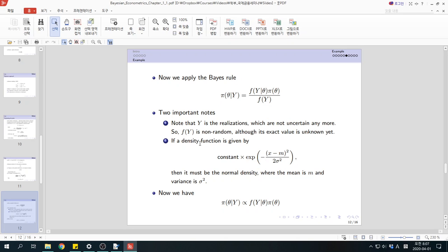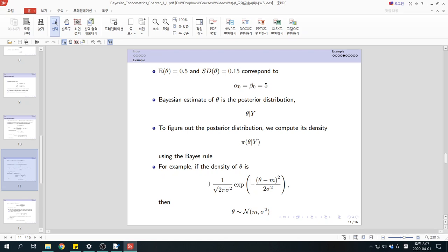The other thing is, let's go back to this normal density. What about the first term, 1 over the square root of 2 pi sigma squared? Is this a function of theta? No. The density function is a function of theta, so if you put in different theta, you will get different density values. But the difference is not caused by this term. It is just a constant, and particularly this term is called the normalizing constant.